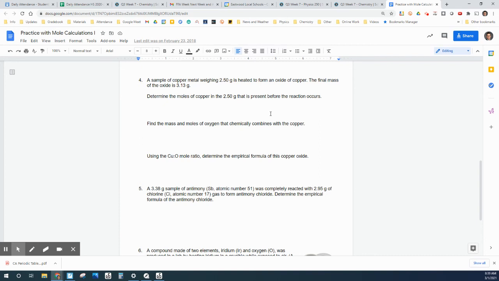You're looking for whole number ratios that would reflect the formula of the particular compound you're looking at. So if it's a 2-to-1 ratio, that tells you that the formula should have a subscript 2 and a subscript 1, which we just leave off. So those are first requiring you to calculate moles and then compare the mole ratio to get the formula. I hope that helps. Let me know if you have any questions.